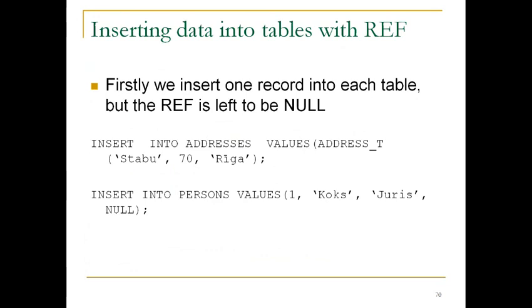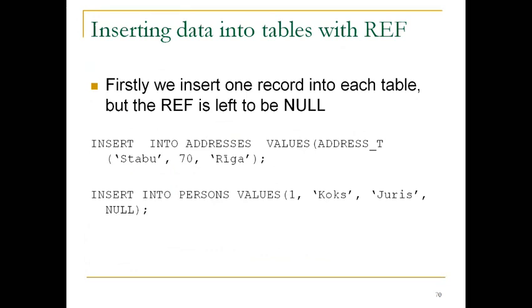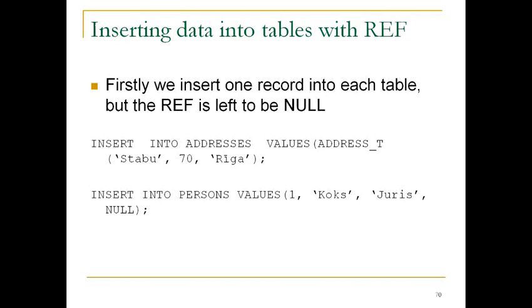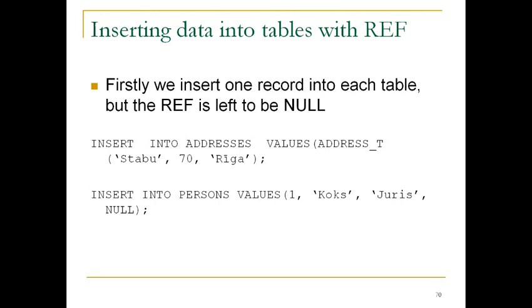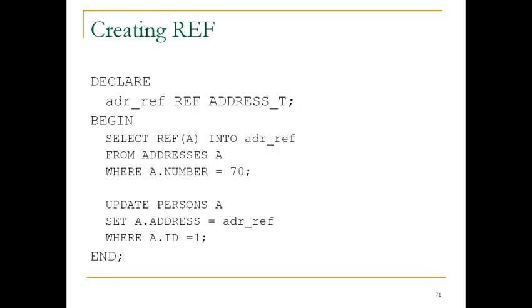How can we do the insertion? For example, we can do it in the following way. We can insert into addresses some value, and for person insert for now the empty address or the null value. And then find this address in the address table. It is done in a very simple way.